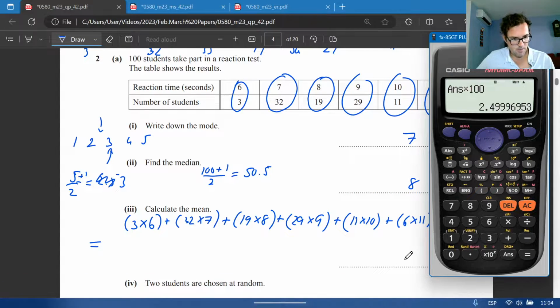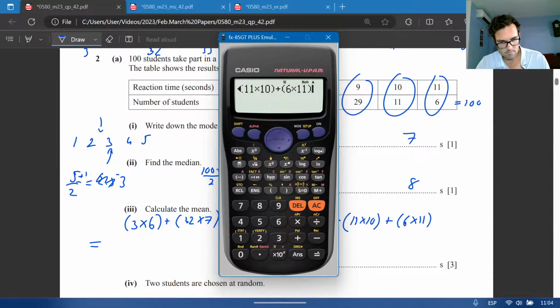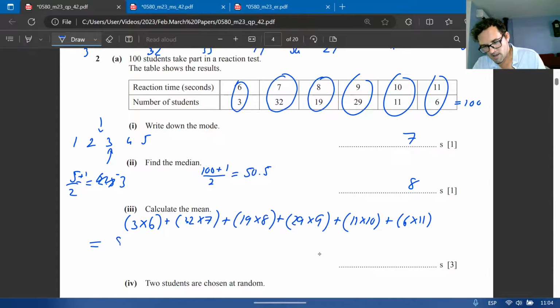Okay, it's a bit of a calculation. Take your time, make sure you do it right. 831 seconds. That's everybody's reaction times together.